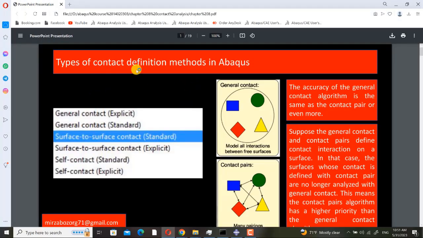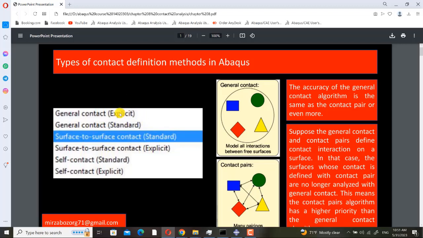Okay, types of contact definition methods in Abacus. As I explained before, we have two structural solvers, Abacus Standard and Abacus Explicit. Until this time, I have used both of them to solve problems.